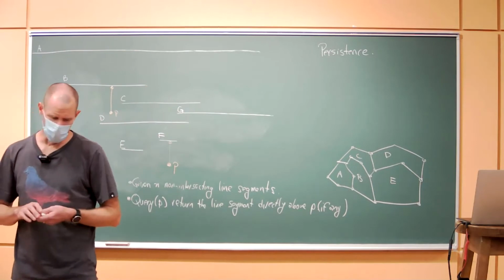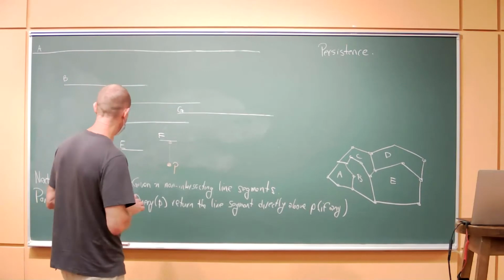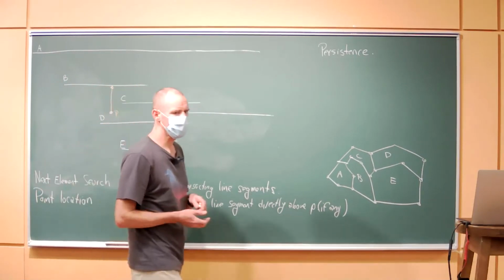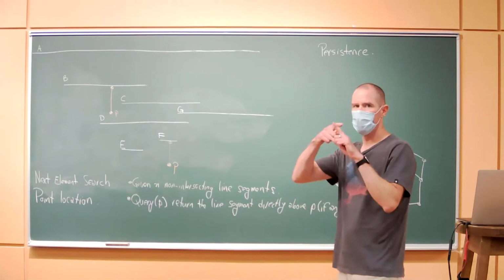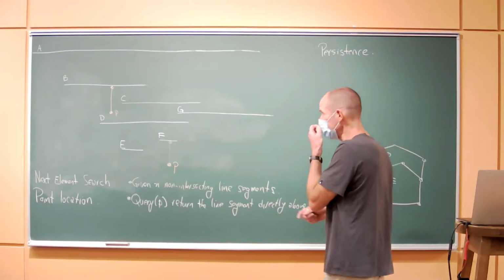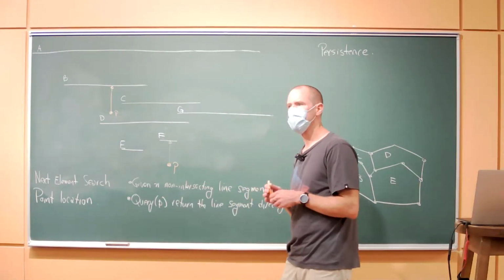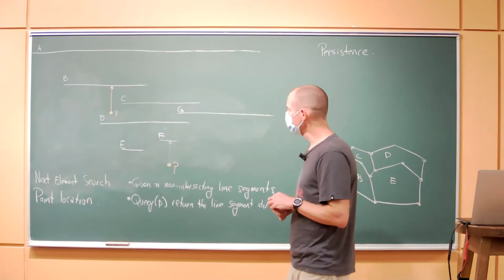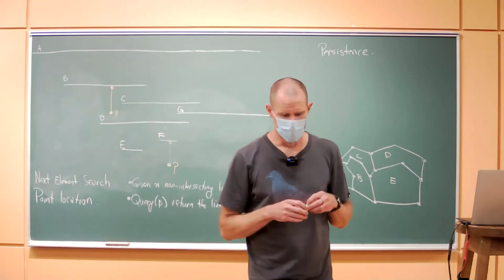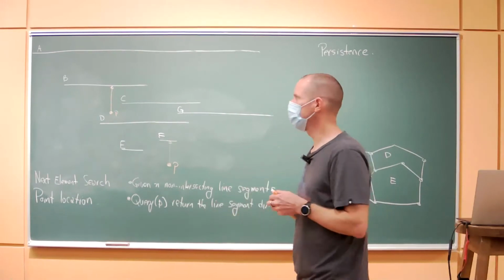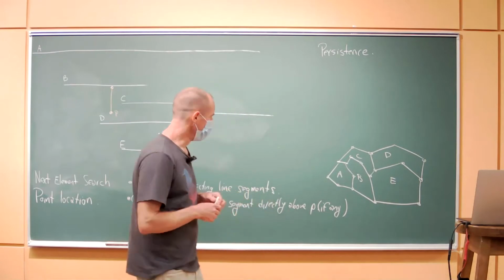And it's also called point location for a good reason. So all I said is that these segments are non-intersecting, meaning two segments don't cross each other. In this picture, I happen to draw them all horizontally, but that's not necessary. The important thing is that they don't cross each other. And if you think about that for a while, you can get a lot more interesting sets of segments than this, for example.